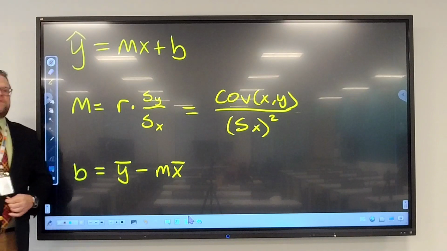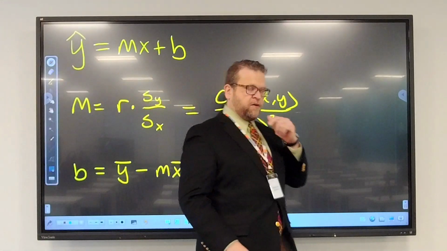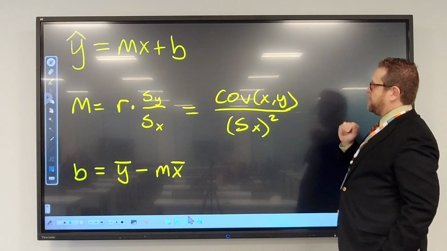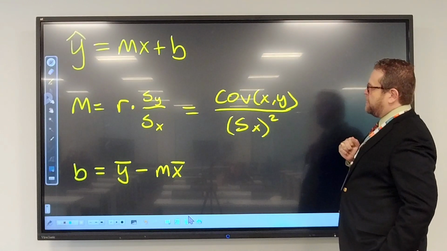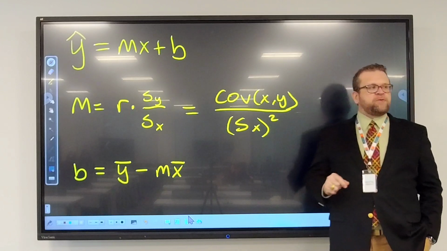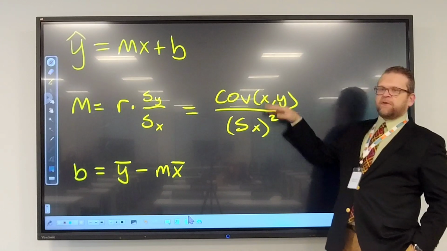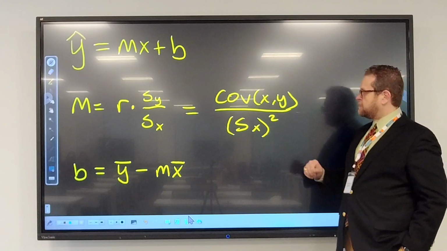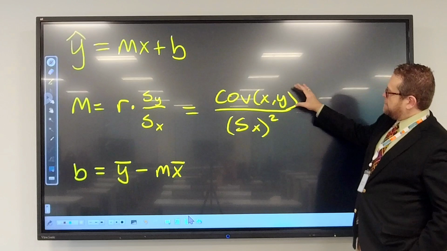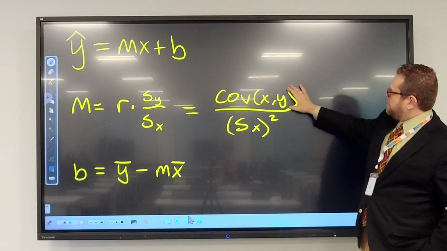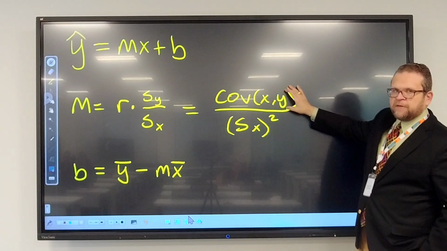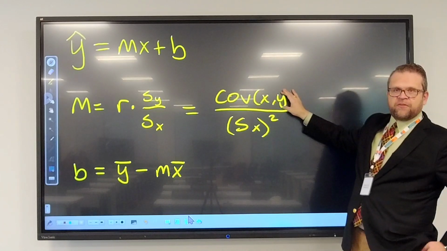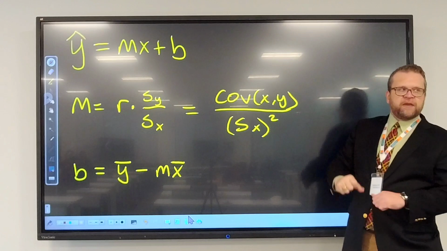You're not going to use any of this stuff to write down a formula. Instead, I hope you can appreciate the automated tool that we're going to use that's going to give us these numbers, so that way we don't have to do all this, because this is kind of a lot. It just involves using this covariance, and if you think a little bit, this covariance has in it the information about all those deviations.